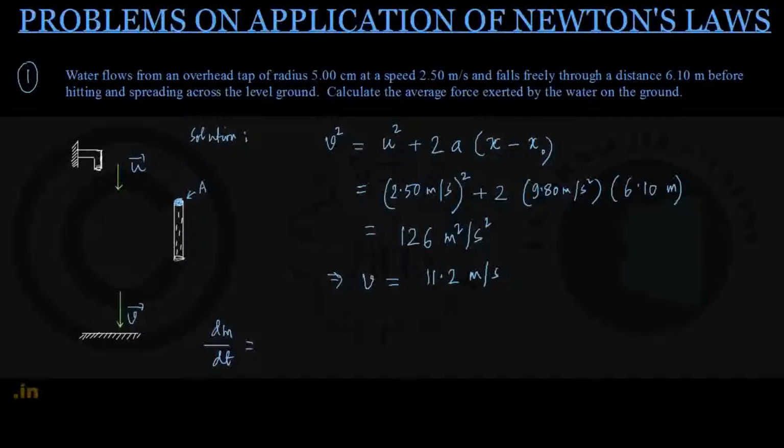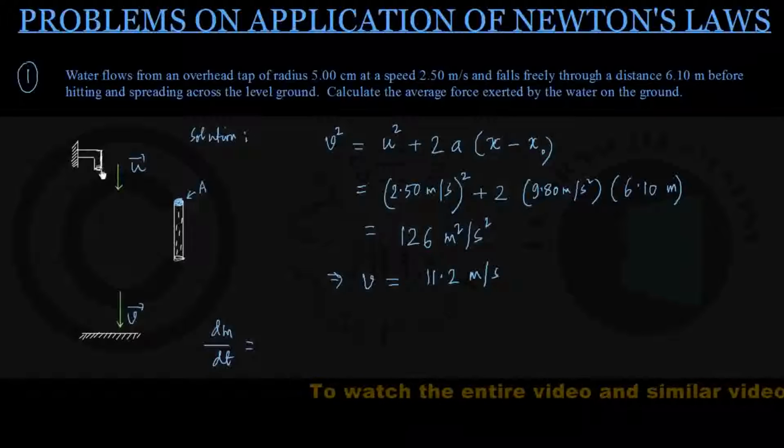Now here, what is the length of the cylinder of water coming out of the tap per second? That has to be equal to u, because this is the length through which the water moves per second at the moment of coming out of the tap.